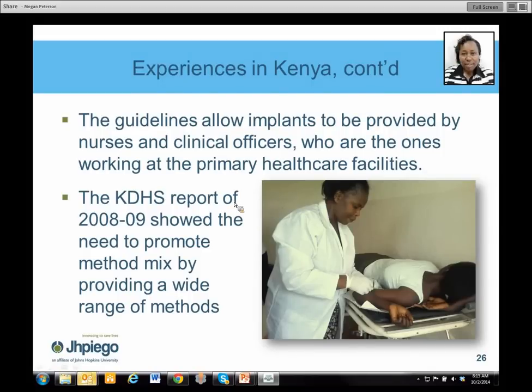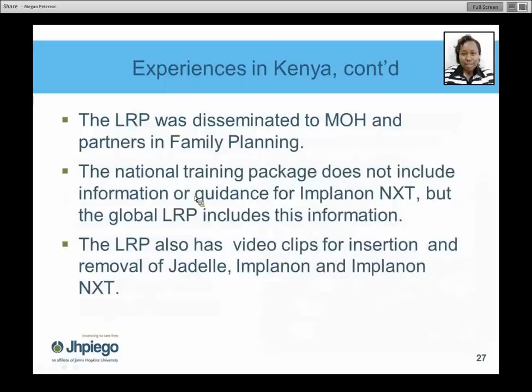In promoting method mix and clients' rights and choice of a method, this called for empowering health workers to be able to provide the method of choice for the client, and with that, enhancement of skills. Next slide.